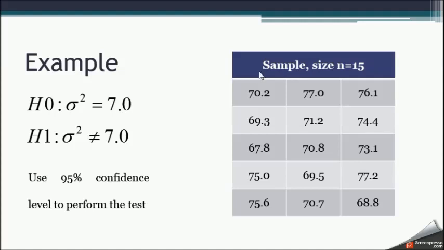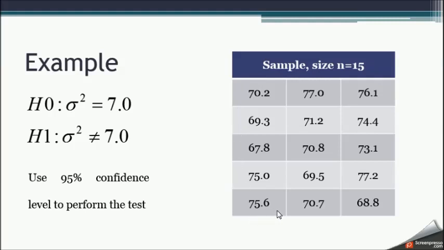Suppose now after that we have taken a random sample. The size of the sample was 15. So we have taken 15 elements from our population. So these are the values of the 15 elements. We are measuring a specific property, and these are the measurements of the specific property.